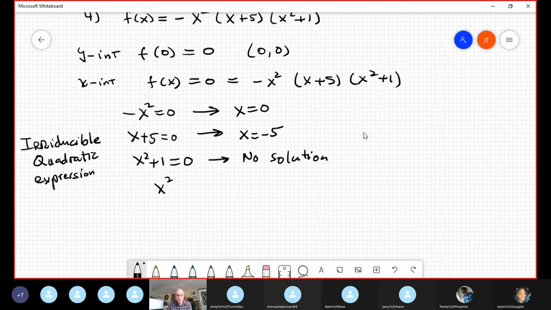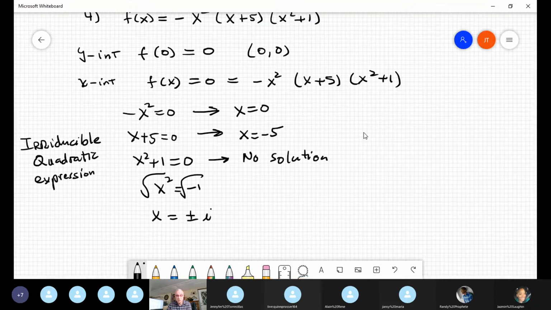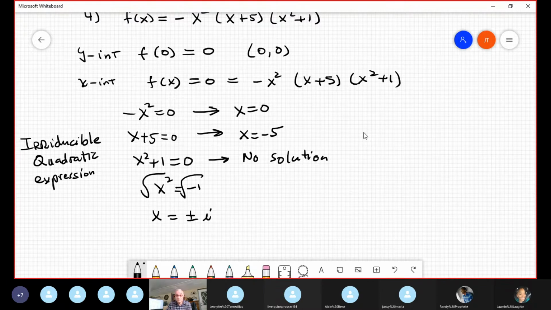Let's say I move 1 to the right-hand side, like a minus 1, apply square root to both sides, and you see the solution is plus or minus i. It's imaginary or complex. That means that in the real field we have no solution. Therefore, this term does not contribute any x-intercept.